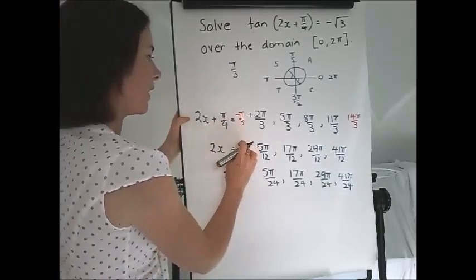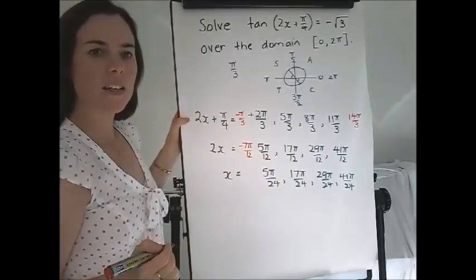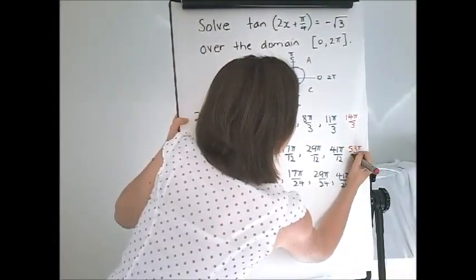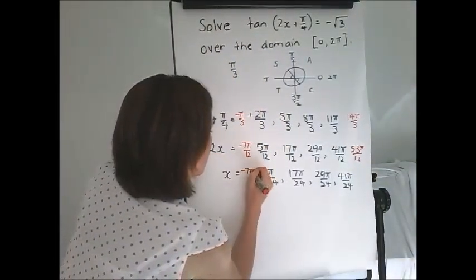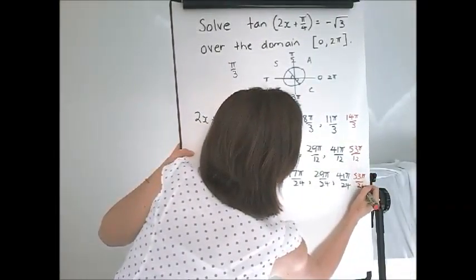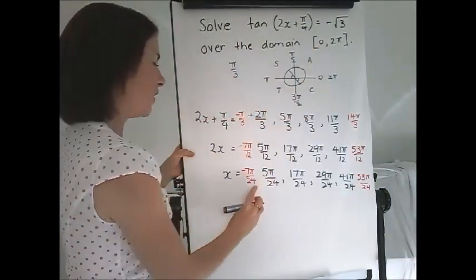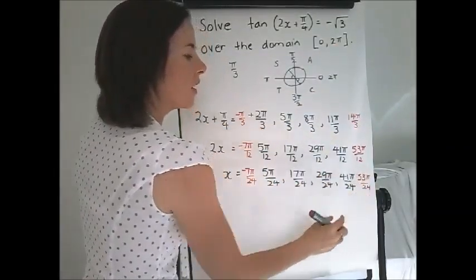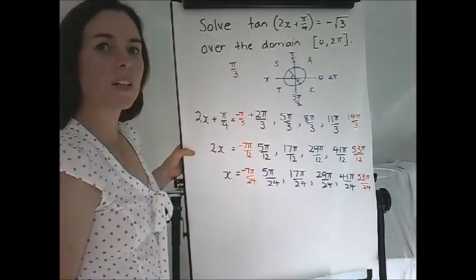Now minus the pi on 4 again will give you minus 7 pi on 12, and at the other end you will get 53 pi on 12, and divide it by 2, negative 7 pi over 24 and 53 pi over 24. Now this is outside our domain, we can't take negative values, and this 2 pi would be 48 pi over 24, so it's also outside the domain. So we didn't get to include any extras, but at least we know for sure.